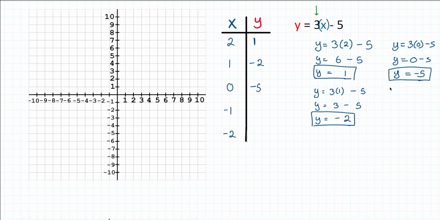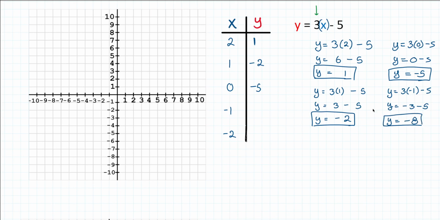Okay. Let's do another one. Let's go -1 here. y equals 3, not 3 -1, it's 3 times -1 minus 5, which then y equals -3 minus 5, which is y equals -8.